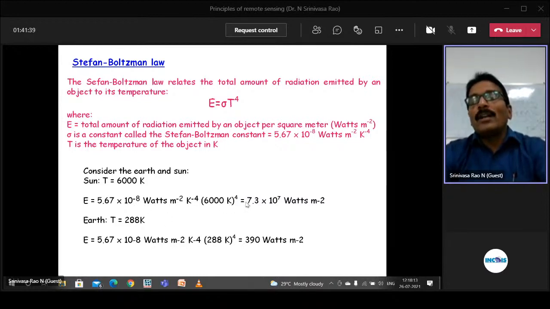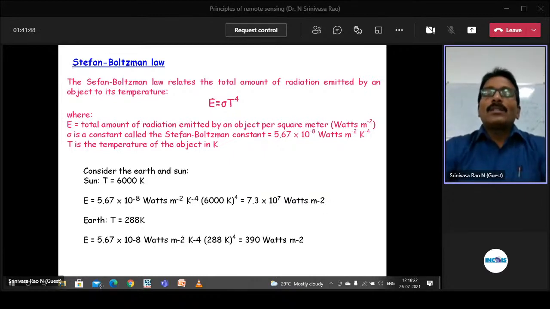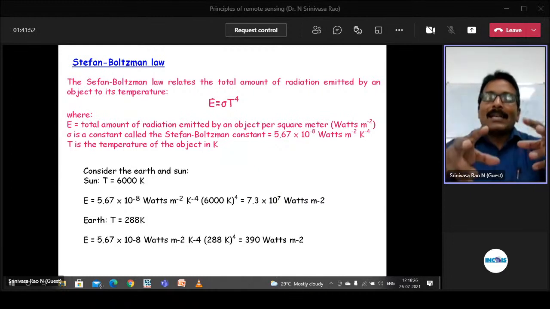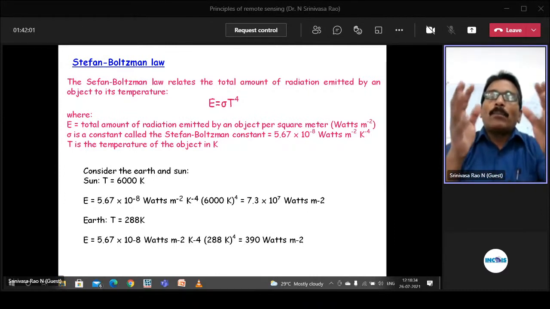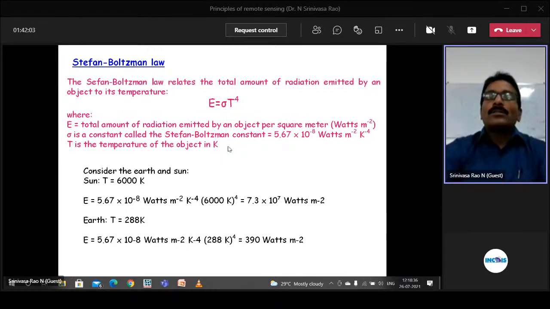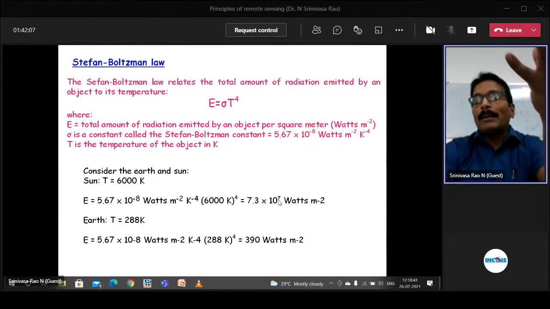If you solve this, what we finally get is 7.3 into 10 to the power of 7 watts per meter square. That means within every 1 second, from the sun, over 1 square meter area, that much energy is falling. It's a huge, big number.